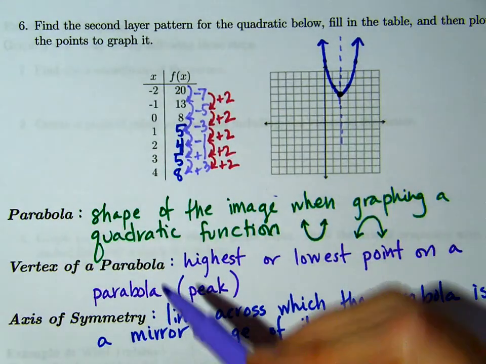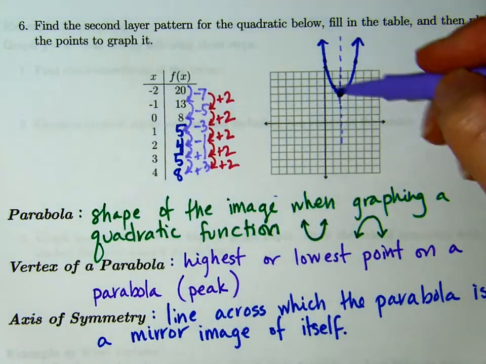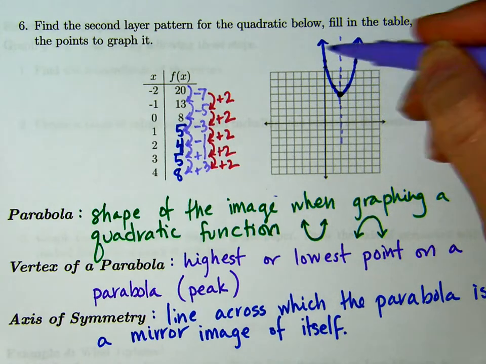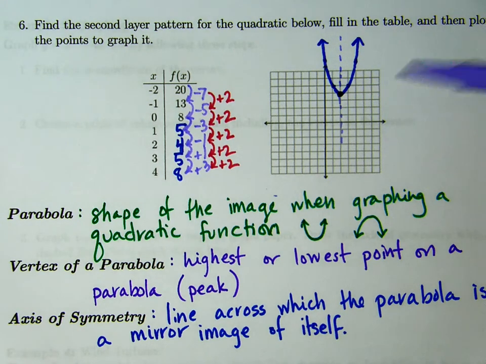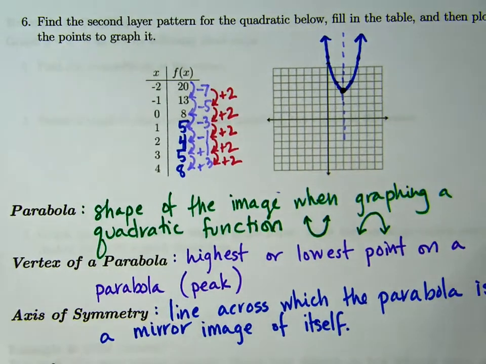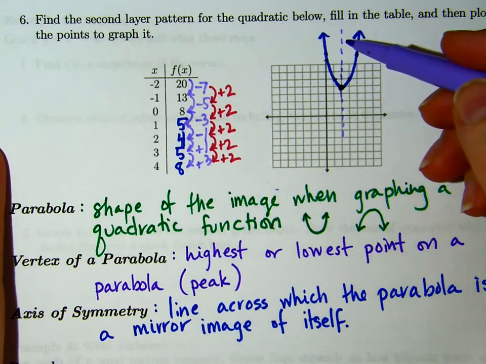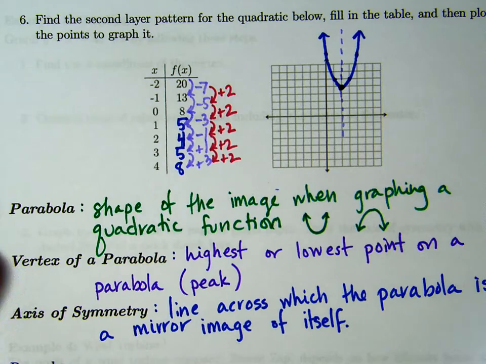So the axis of symmetry line goes straight through the vertex and you see a mirror image. Now, let's see, does that happen on some of these other ones?